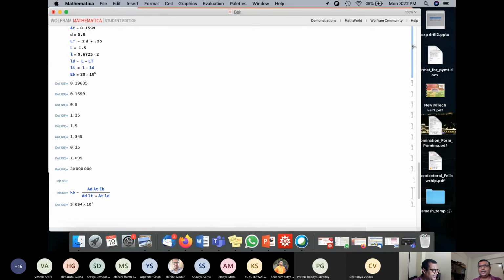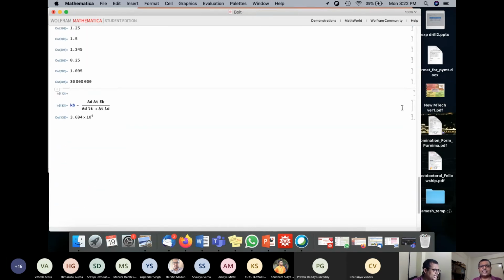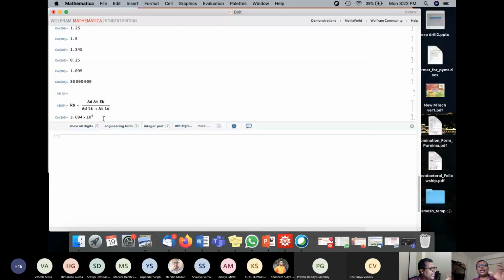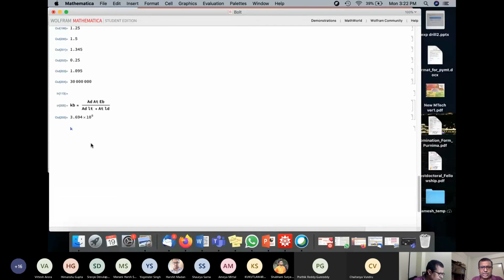Let me run this cell and then this cell, so I can find out what the bolt is. Then I can also find out the entire thing. The bolt and member are in series, so the total stiffness will be KB plus KM. That's it.